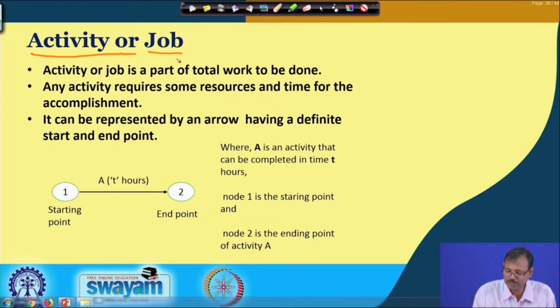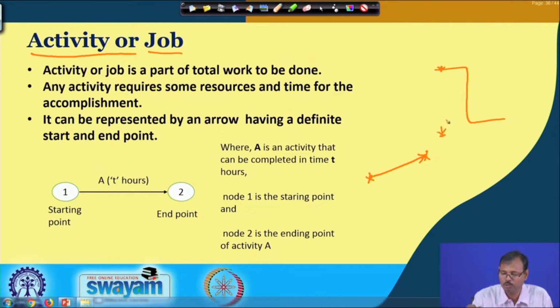and that operation is expressed with an arrow. But there must be some starting point of the arrow and some end point of the arrow. If you consider the drilling, the starting point of the arrow is the bench top and the end point of the arrow is the bottom of the hole.